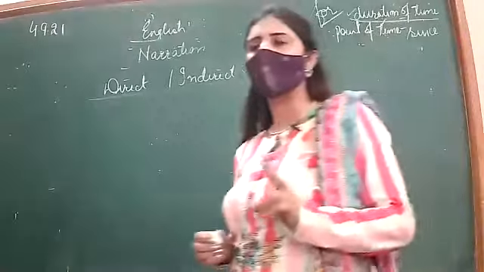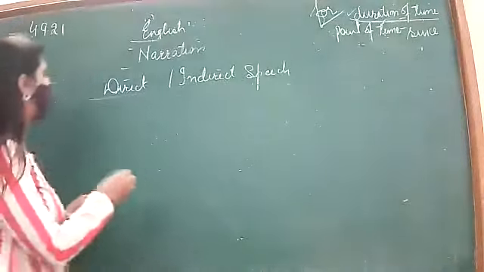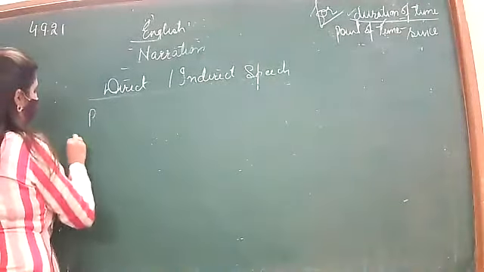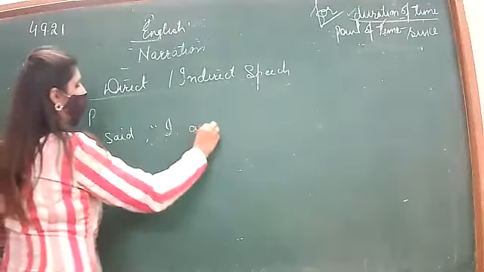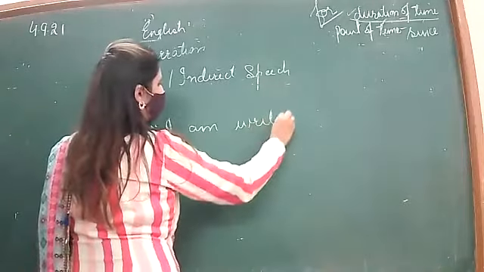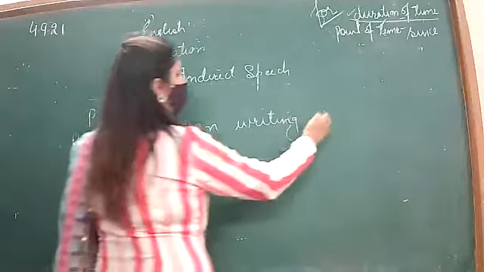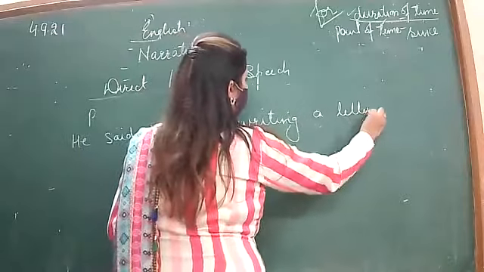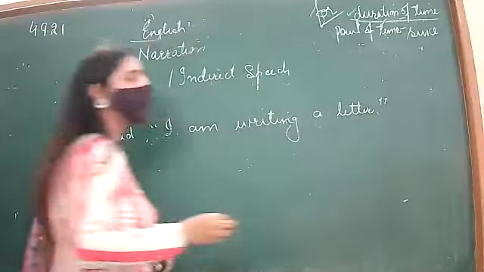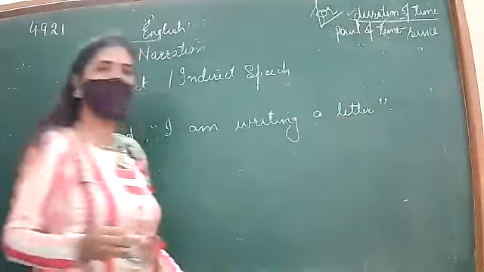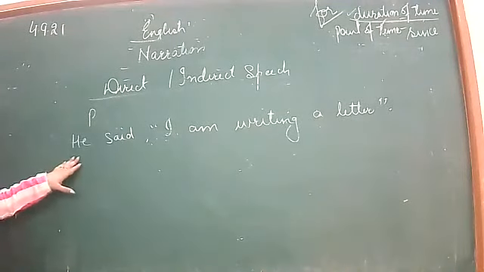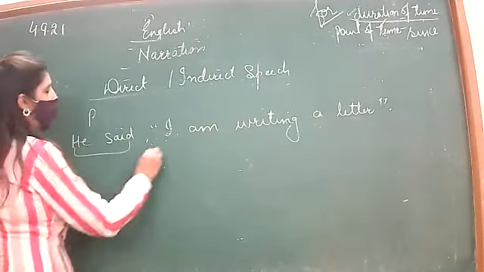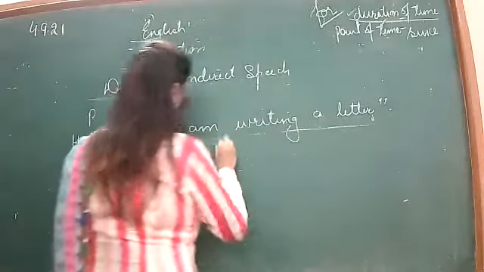There are two main parts in case of narration. First is reporting. For example, see, he said, I am writing a letter. Okay, so now in this case, this is the actual words of the speaker.